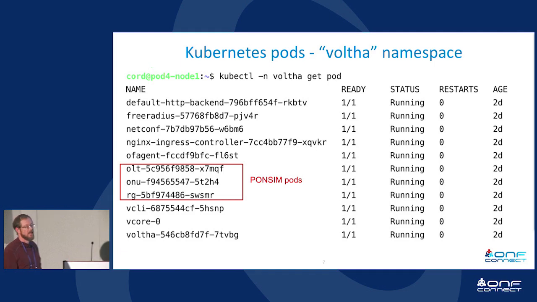But these three are the special ones that are installed by PONSIM. So this is the OLT and the ONU and the RG that I showed you in a couple of slides back with those gray boxes connected to the data plane. So that's set up by PONSIM.